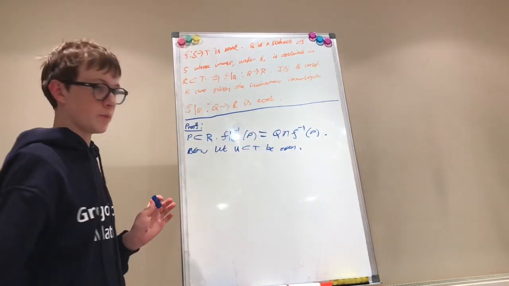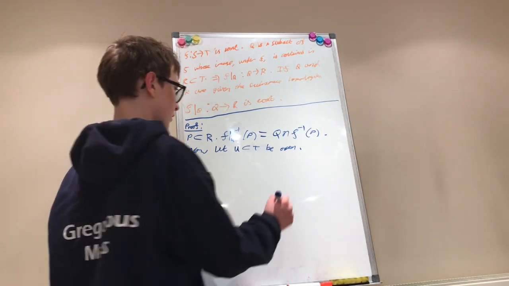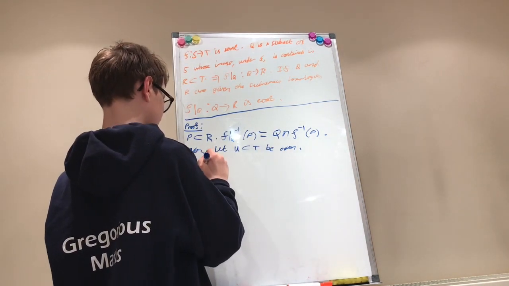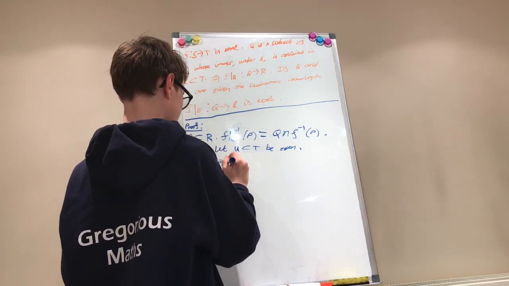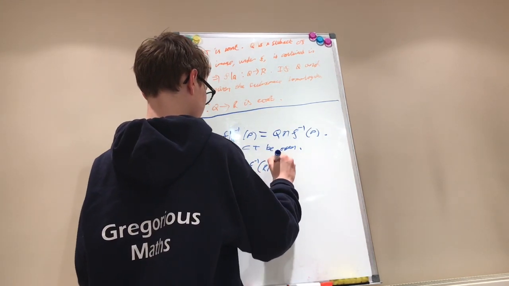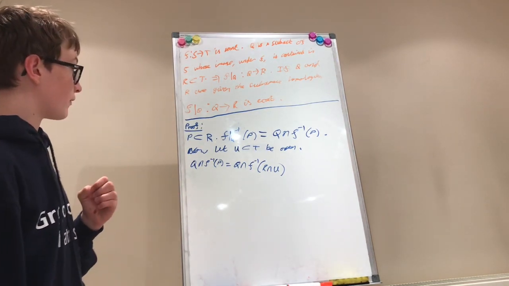So we're letting U be open. Why are we doing this? Because now this means that Q intersect the preimage of P is equal to Q intersect the preimage of R intersect U. From the definition.